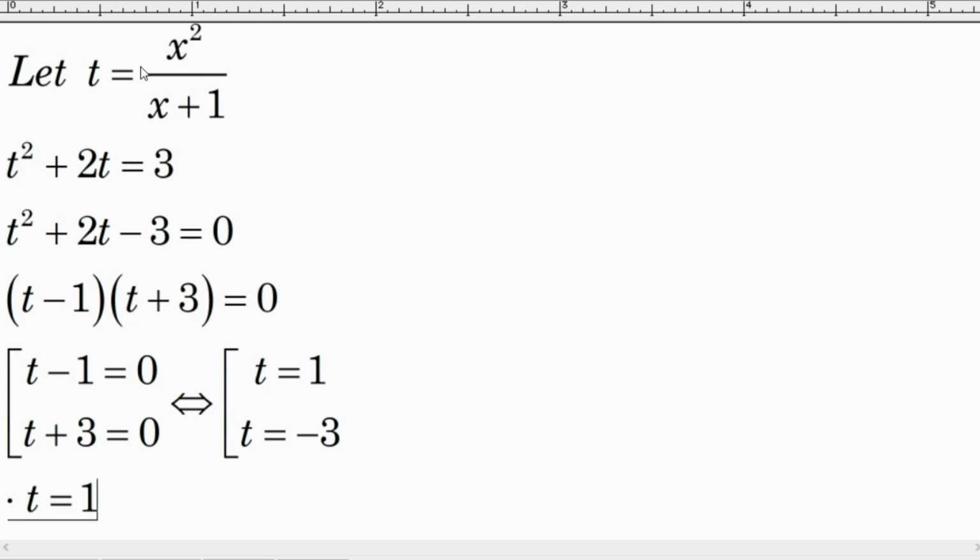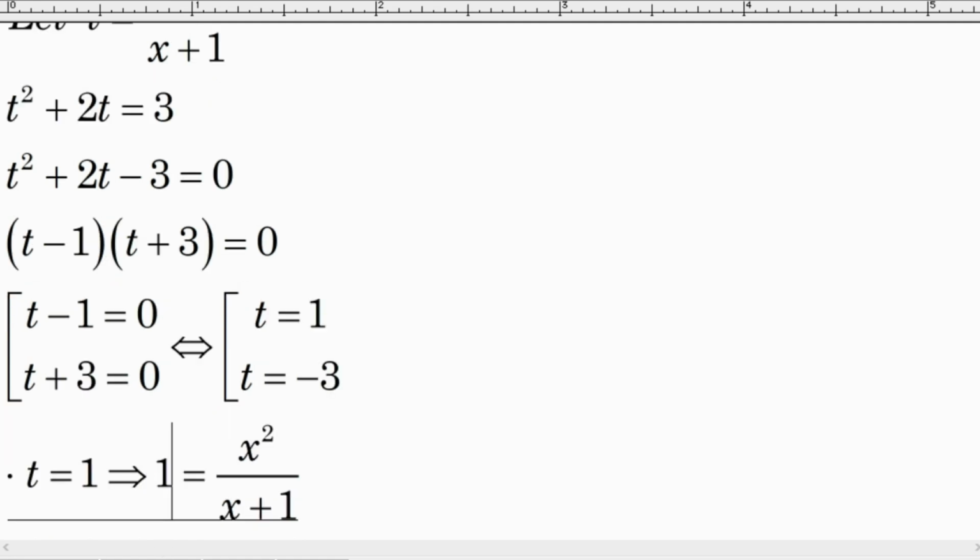And we can substitute t into these equations. So when we have t equal to 1 here and we have a new equation here in terms of x, we have to find the values of x now.